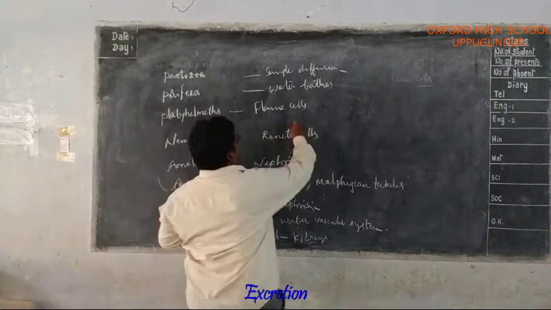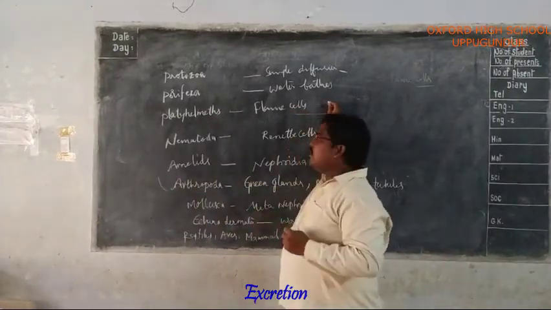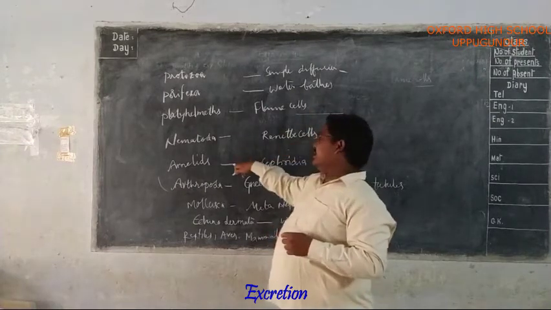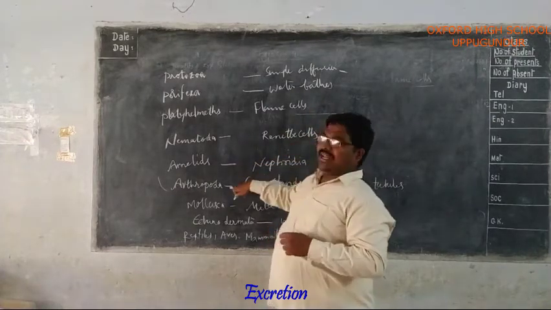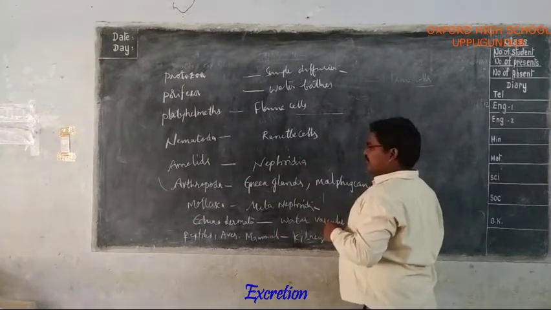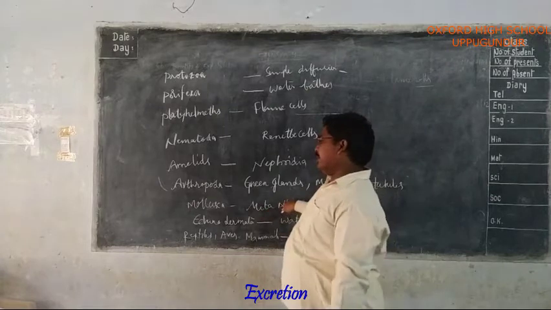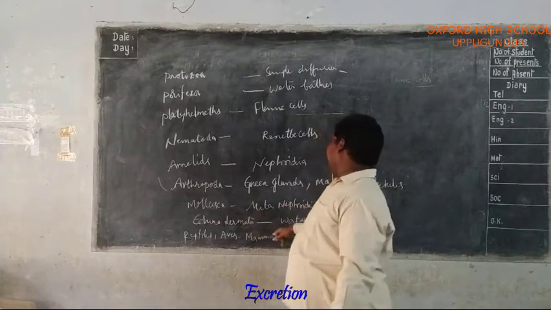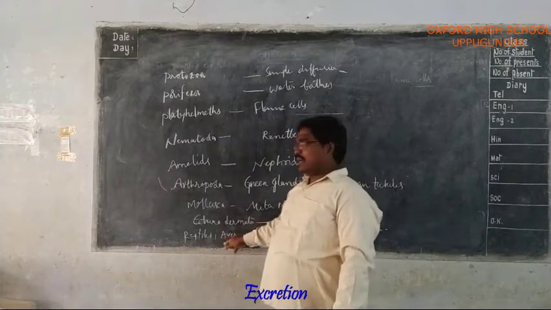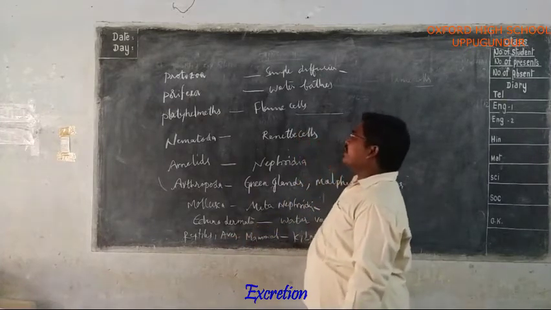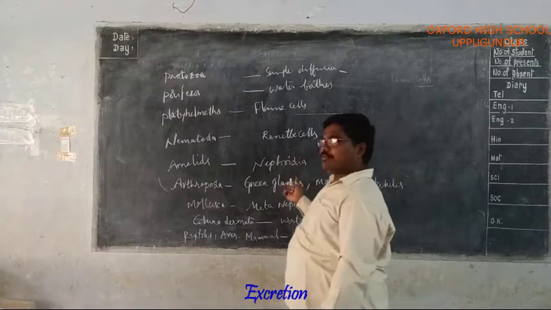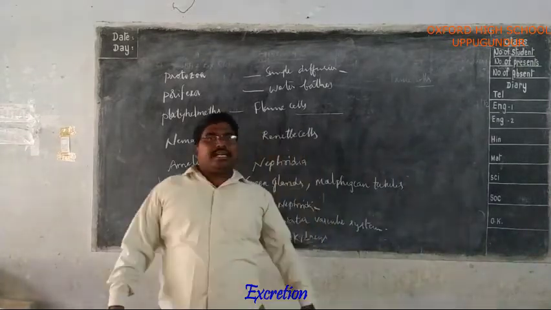These are the first excretory organs that we see. Nematoda have renette cells, annelida have nephridia, arthropoda have green glands and Malpighian tubules, mollusca have metanephridia, echinoderms have a water vascular system, and reptiles, aves, that means birds, and mammals have kidneys. These are the different types of excretory organs present in different types of organisms.